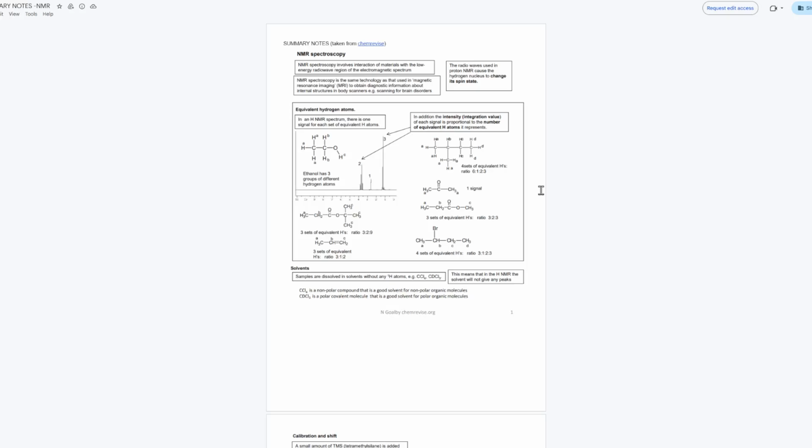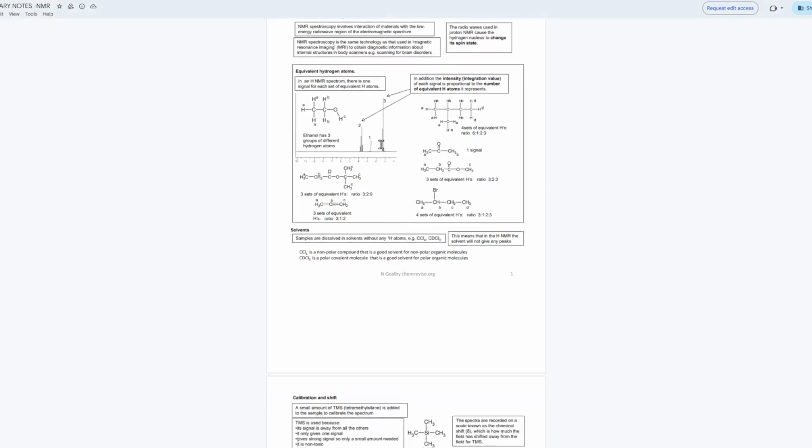Radio waves used in proton NMR cause a hydrogen nucleus to change its spin state. Interesting. NMR spectroscopy is the same technology used in magnetic resonance imaging (MRI) to obtain diagnostic information about internal structures in body scanners, scanning for brain disorders. Brilliant.